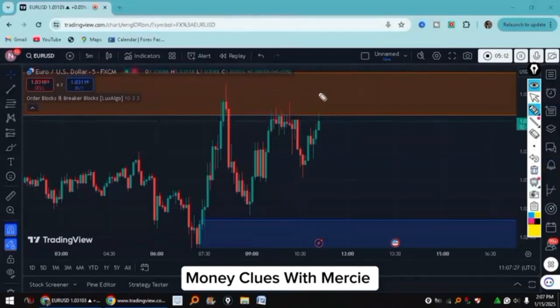Once you saw the rejections, this simply told you that there is a probability this market can really drop, because there is rejection of higher prices, simply because there is no breaker block at any given point. If the breaker block was trying to happen, it did not at any given point close above this level right here and this level right here. It shows you an assurance that the market can really sell. So you can use structure breaks.